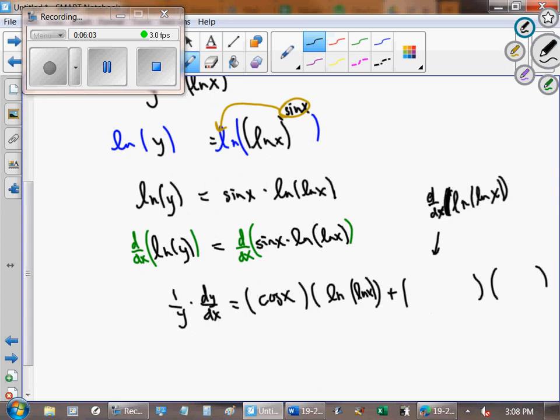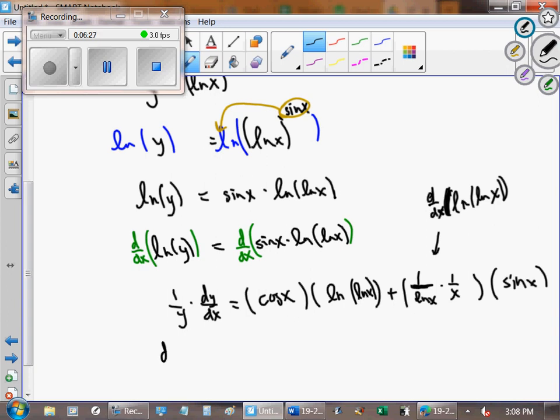Well, first you start with 1 over. So it's obviously 1 over ln x. Then you multiply by the derivative of what's inside, which is 1 over x. So it's kind of weird, but there's a 1 over ln x and there's a 1 over x in that order. And then we have another sine x here.